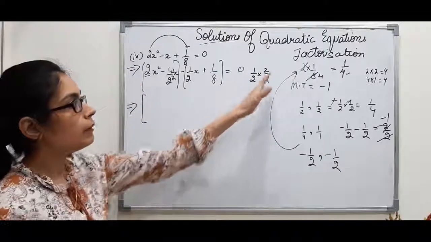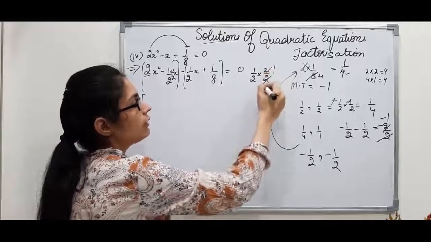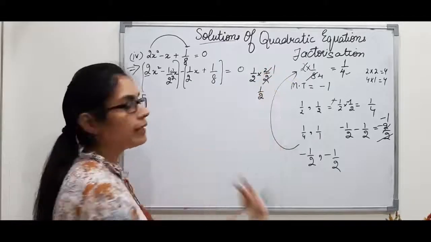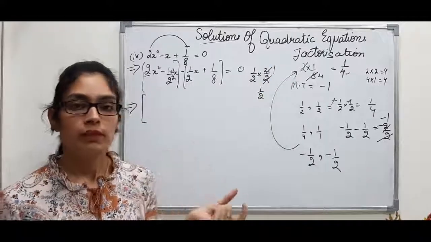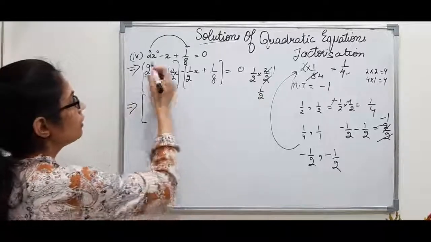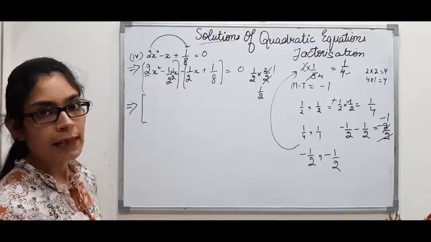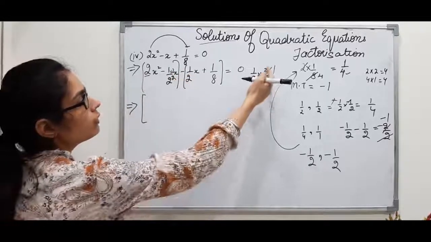Why multiplication and division with the same number? Because on cancellation I will get 1 and this number will remain equal to 1 by 2. Multiplying and dividing by the same number will not make any difference. Just to make the numbers the same, I am doing multiplication and division of 1 by 2 with 2 by 2.